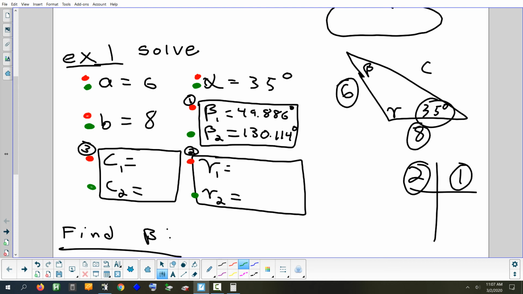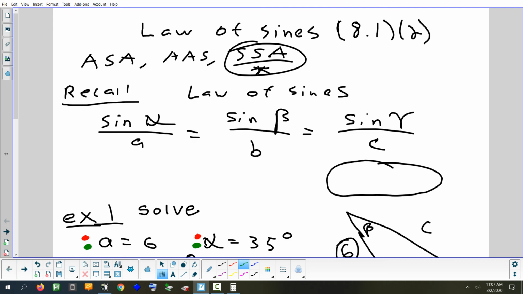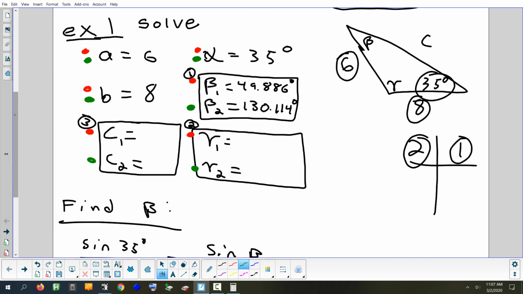And I'm going to try to sketch this in a second. I'll physically draw a triangle where I give you 2 sides and 1 angle the same and show you how you can draw 2 different triangles. We'll do that after. Okay, so any question on how we got beta 2 and how we determine that it works?